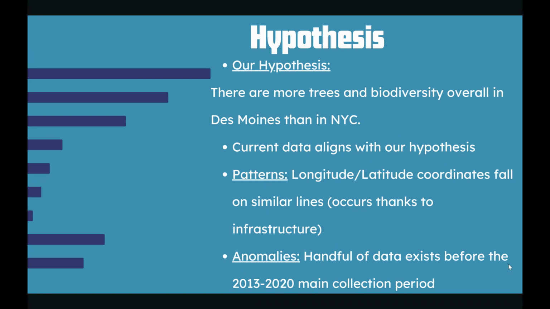And in terms of anomalies, a handful of data exists before the 2013 to 2020 main collection period. Most of these two data sets were collected between 2013 and 2020. And then there were a few odd cases where some said they were from 1899. I'm not really sure if that's accurate. I actually have a friend that works in map history, and she runs her own company.